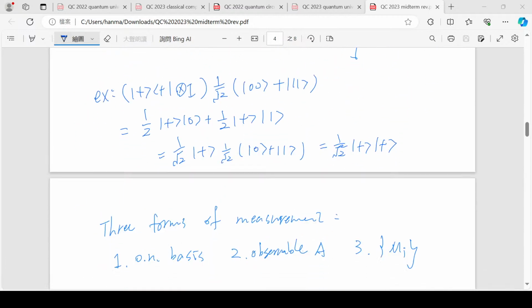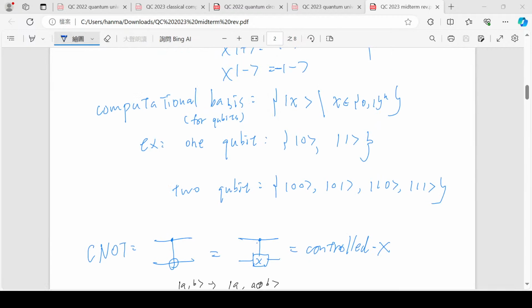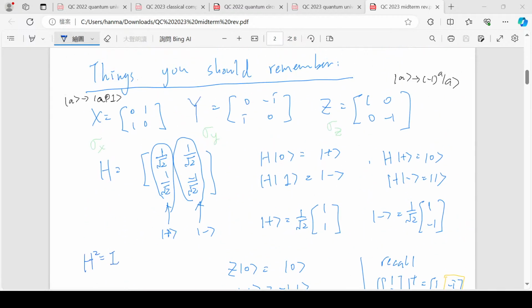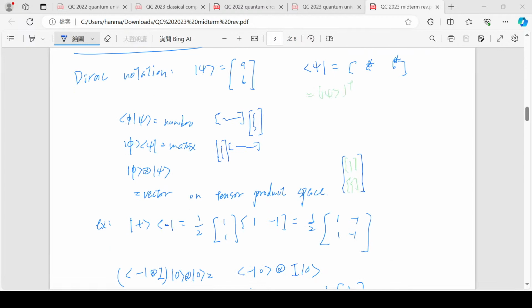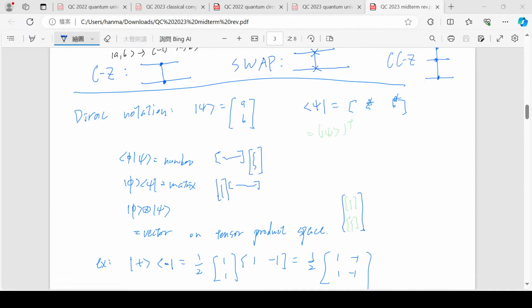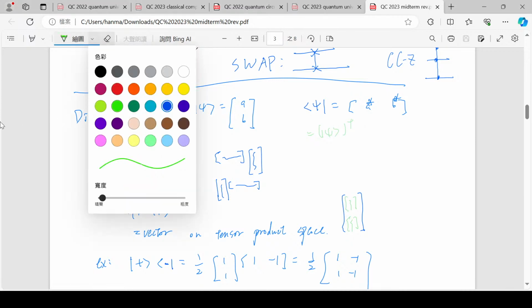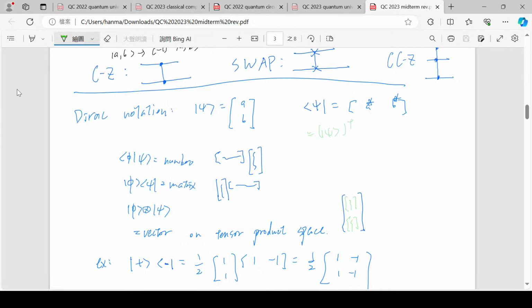And okay, so we are going in a funny direction. We talk about all those matrices first, then we go to Dirac notation. Okay. And as we said, in Dirac notation we have those bras and kets. So kets are basically column vectors, and kets are things with this shape.